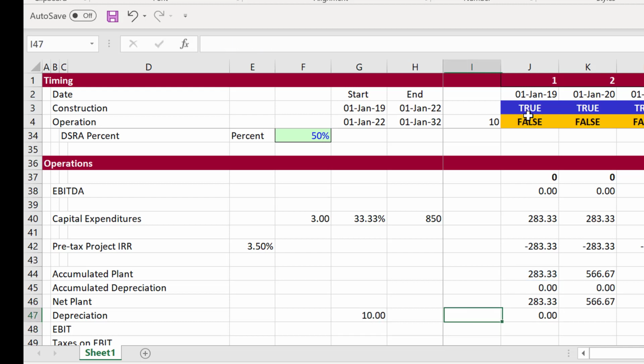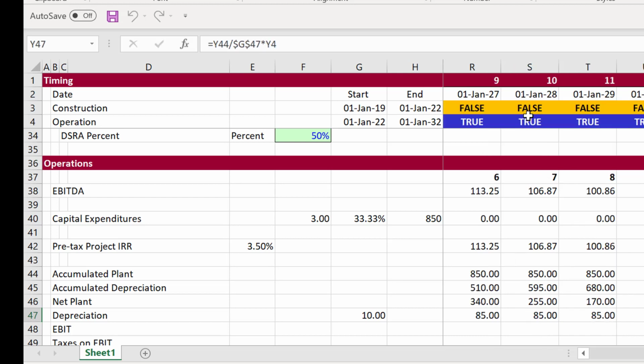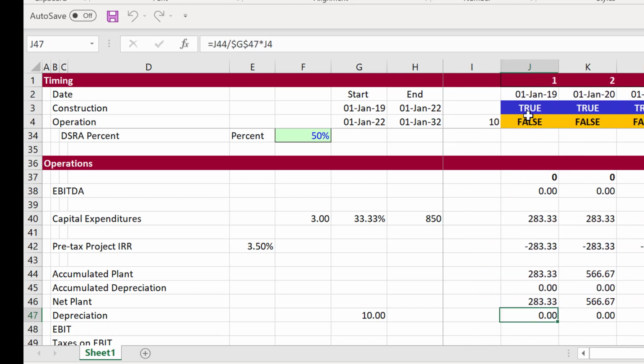Okay, now that's not necessarily the case. In this case it went down to 0, but we should, as a matter of practice, put a minimum of this or the opening balance of the net plant.